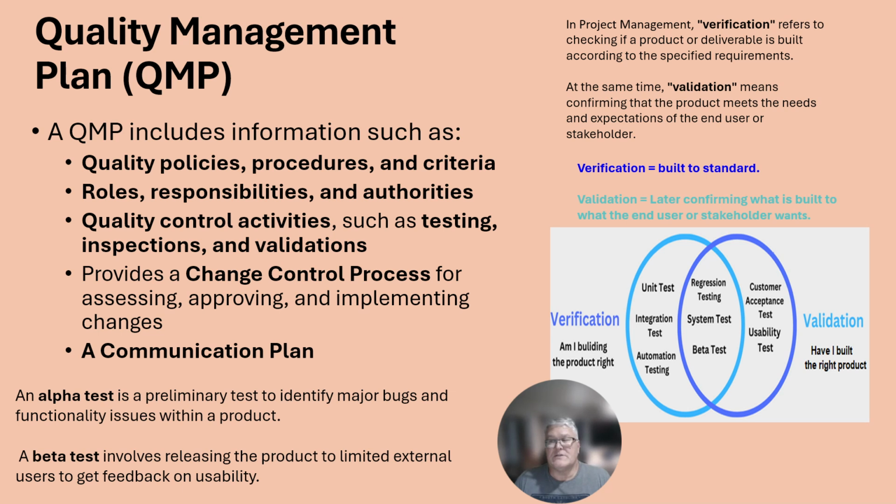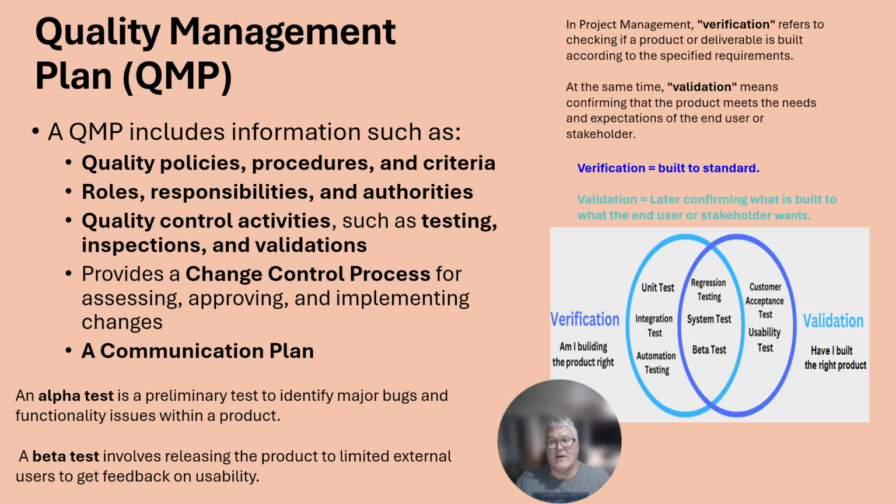Here's another term. So verification in project management, and this is very, very important, these two terms. Verification refers to checking if a product or deliverable is built according to the specifications. That's verification. A lot of people, if you were to ask them what's the difference between verification and validation, might just very well get these terms in reverse.